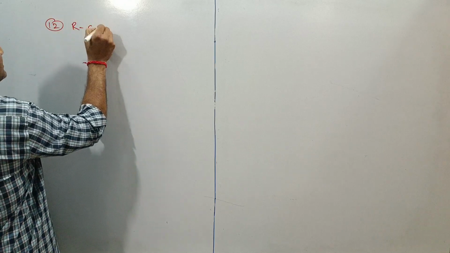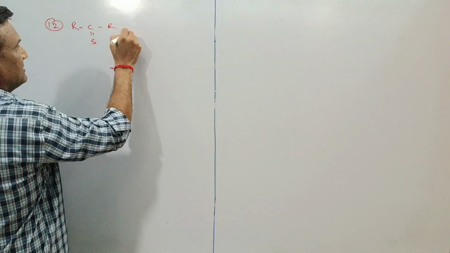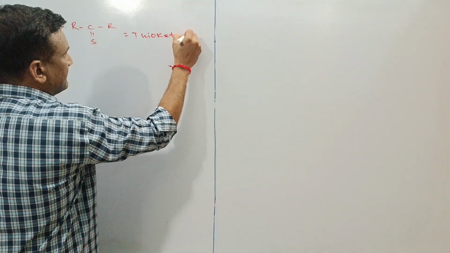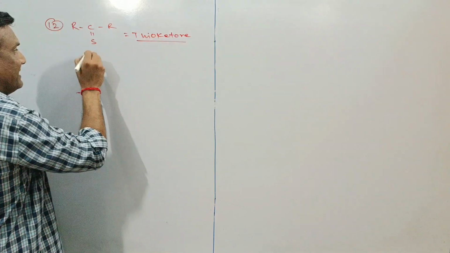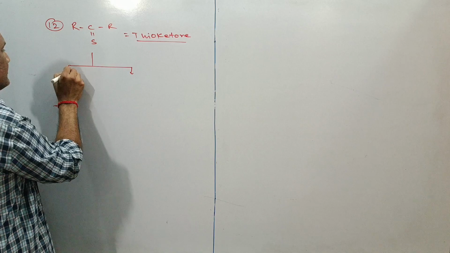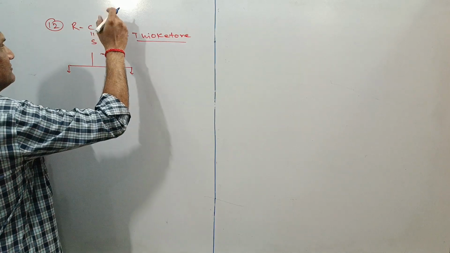R, this is the C, this is the R', double bond S. Thioketone. If we go by type, there may be two types of thioketone. This may be R dash also.